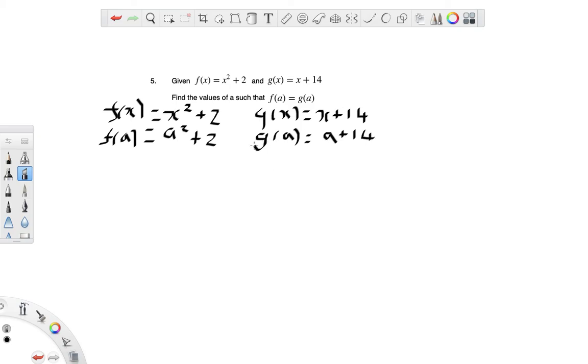I've just substituted a in place of the x's. So just like what we were doing before. Then it says find the values such that f of a is equal to g of a. So we've now got to equate these functions. So we'll have a squared plus 2, and that's now equal to a plus 14.